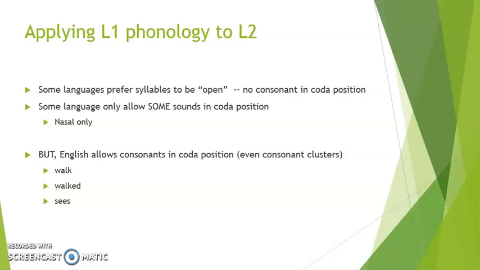So we have to think, how can we decide what might be driving this, in air quotes, error in performance? Might we consider the phonology, or is it an issue with the declarative knowledge, or the ability to apply that declarative knowledge when we hear something that doesn't quite match what we would expect in the target language?